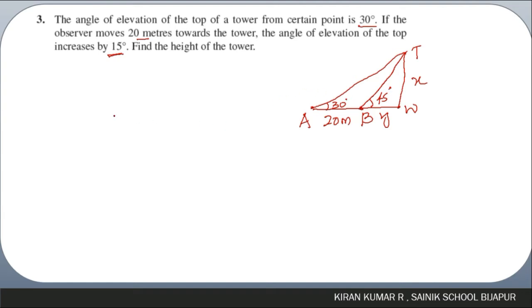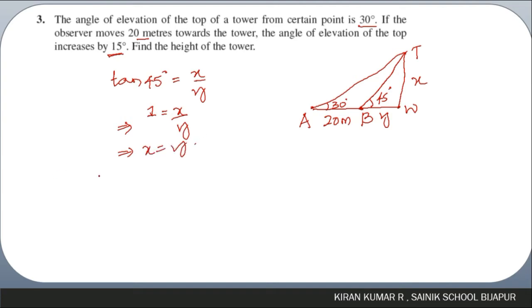Now if you observe, tan of 45 degree is x upon y. We all know that tan 45 is 1, so 1 is equal to x by y. We get x is equal to y.